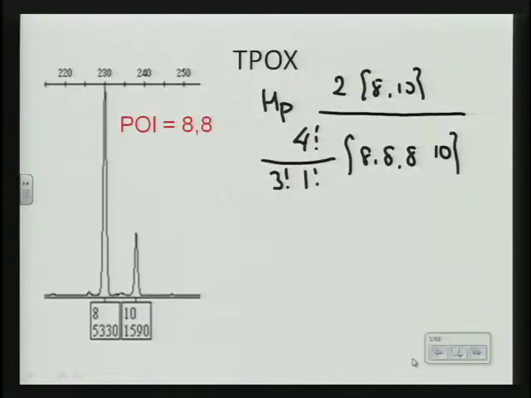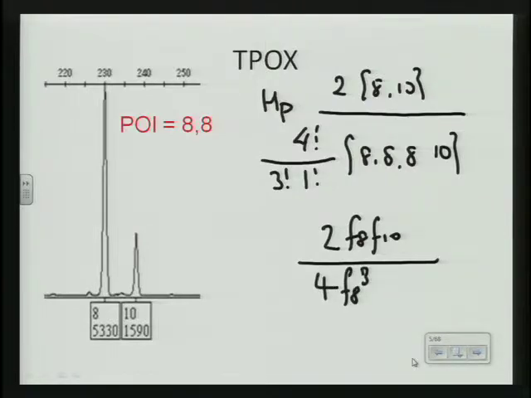Now, 3 factorial is 6, so that's 1 over 4. So I've got 2 F8, F10 over, where do we go from here? 24 over 3 times 2, 6 is 4. F8 cubed, F10. Yep. Everybody happy with that?